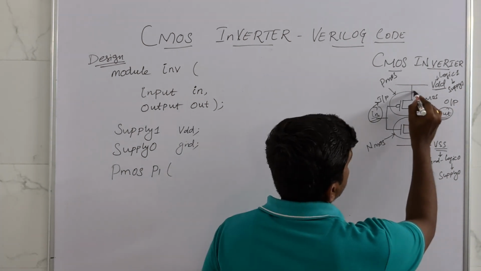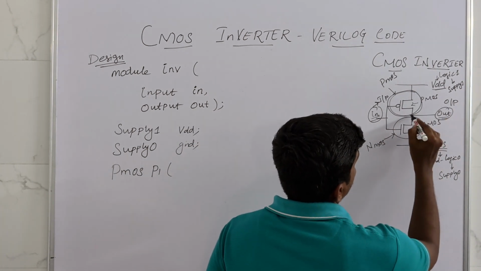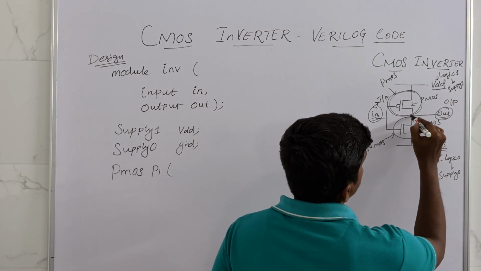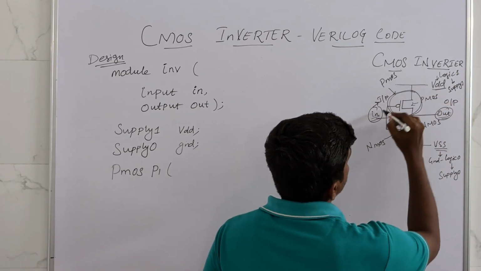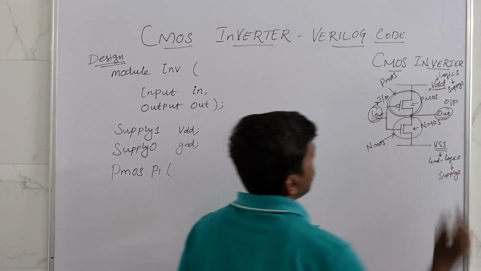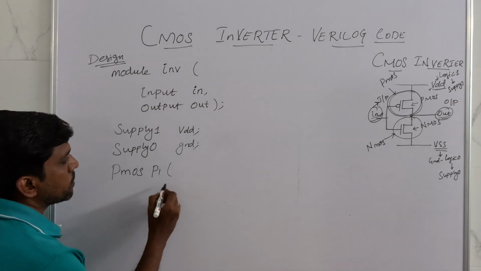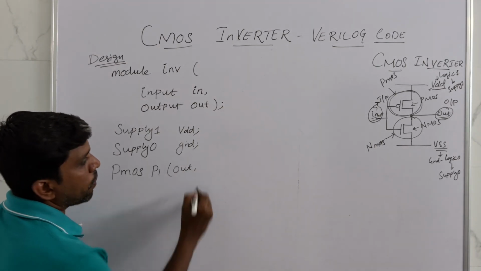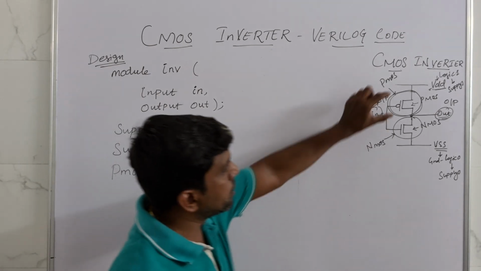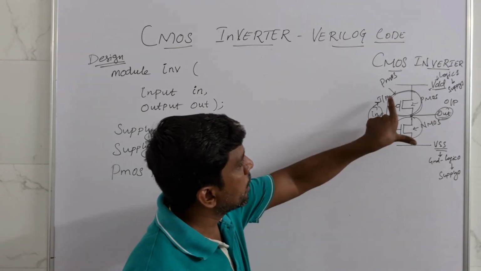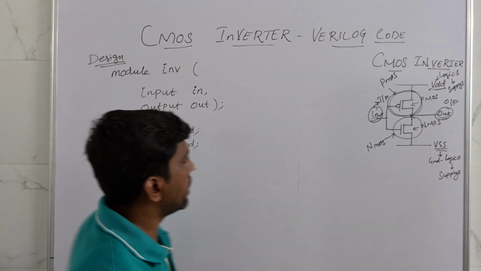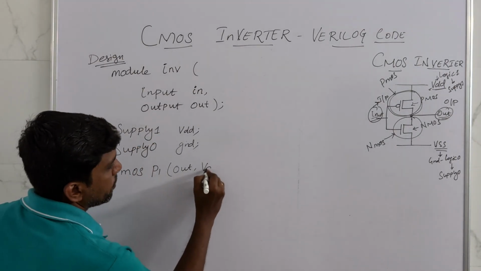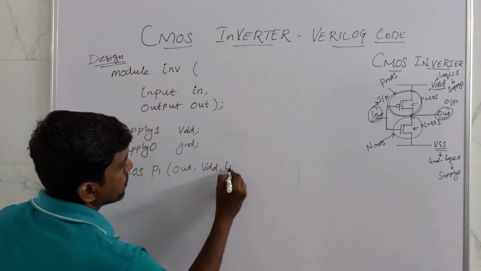Let me assume this component. Out is the output. This output is based on the two signals in and VDD. In this switch level model, we write the output first followed by the inputs. So in this component, the output is out, the inputs are VDD and in. So: out, VDD, in.